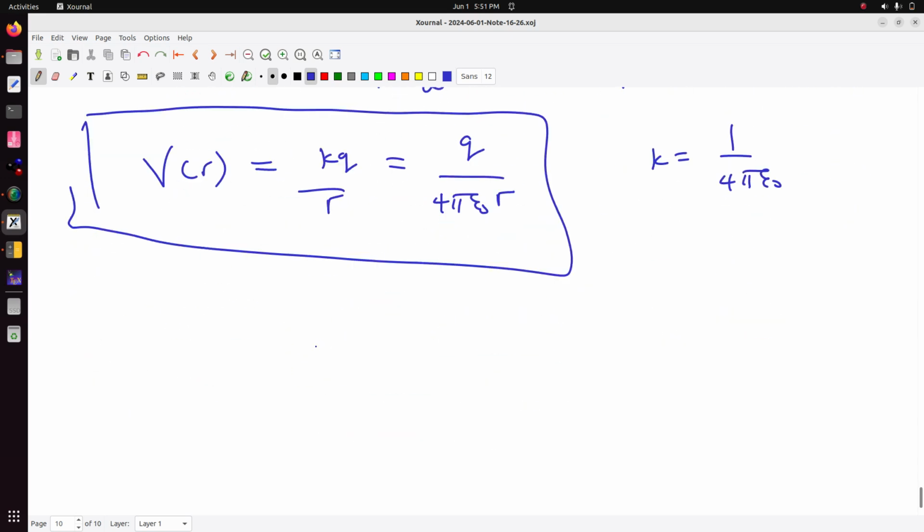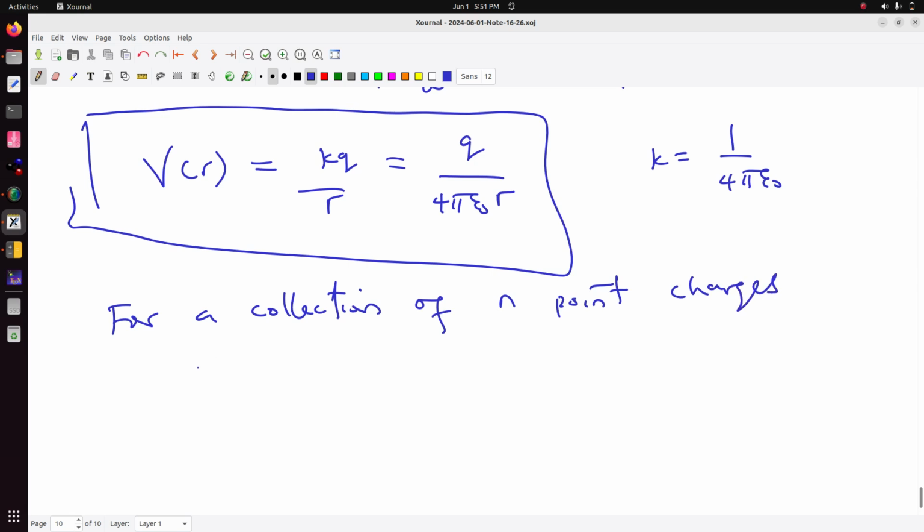Now, what if you have a collection of point charges, like n of them, maybe 10 or 20 or 3 of them? For a collection of n point charges, you have V of R to be the summation of the individual contributions.